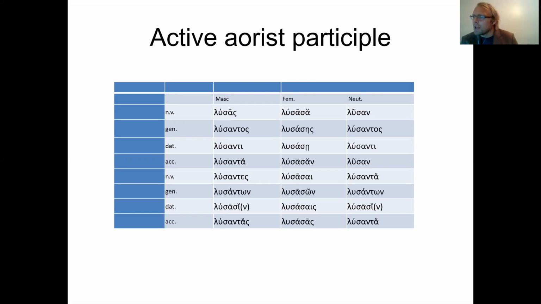The paradigm for the active aorist participle for this verb looks like this, and it's the same paradigm also in paideuo. So here the stem of the verb is actually this ly. So everything that comes after this ly part is part of the active aorist participle ending.